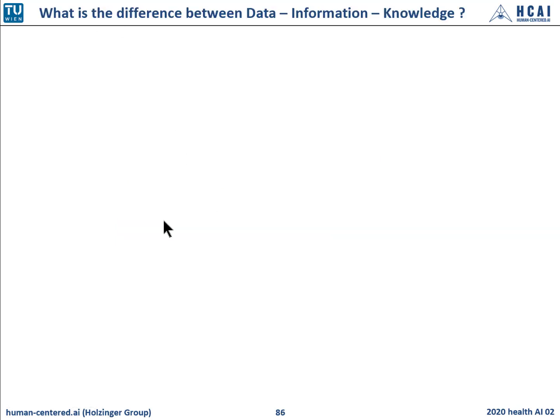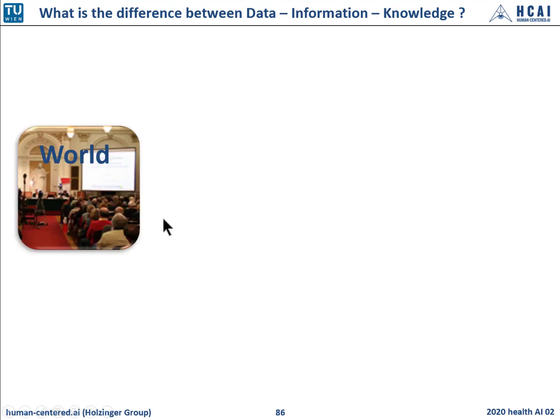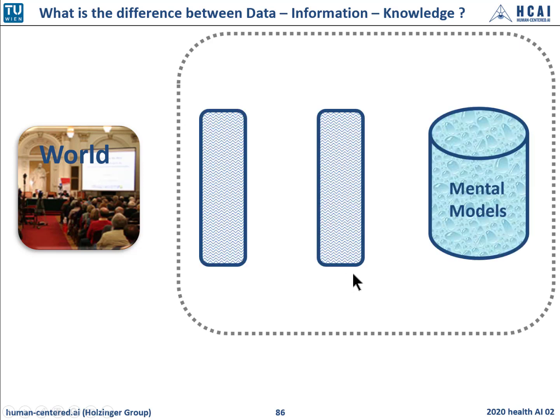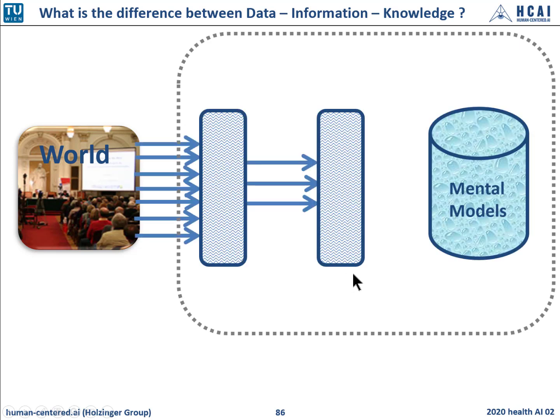So again, what is the difference between data, information, and knowledge? Quickly rehearsed: data is our outside world. Inside world, we have these three filters. We have the incoming signals, the symbols, which represent physical values, attributes, or parameters, so sensory input. We have then the information as an ordered sequence of data, for example, in an alphabet.